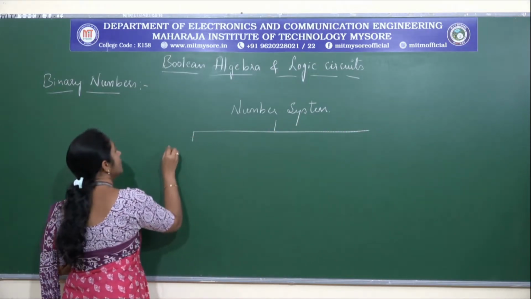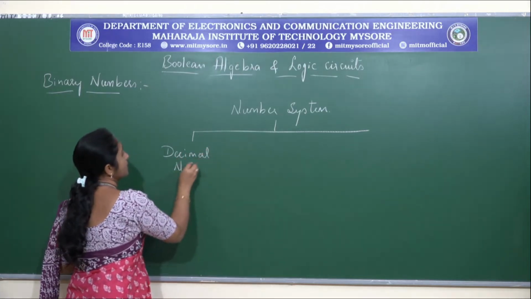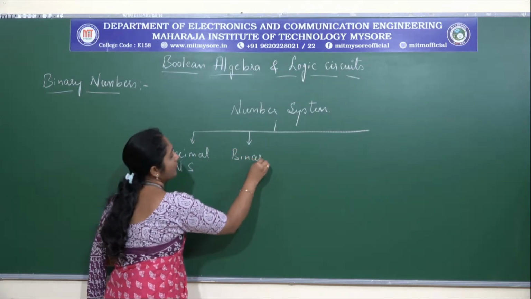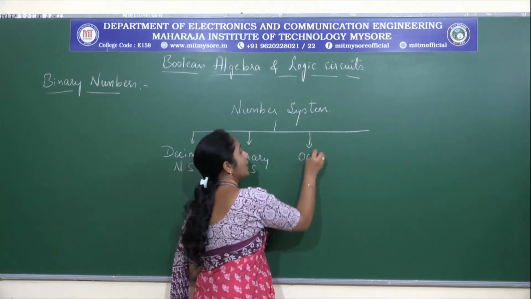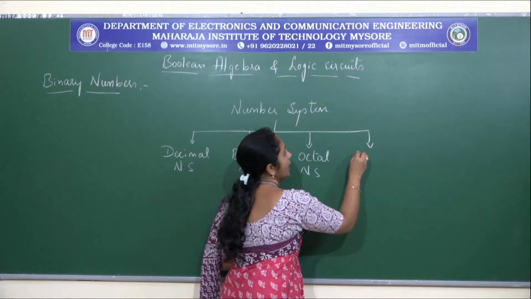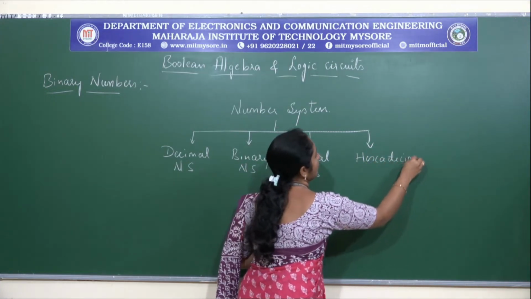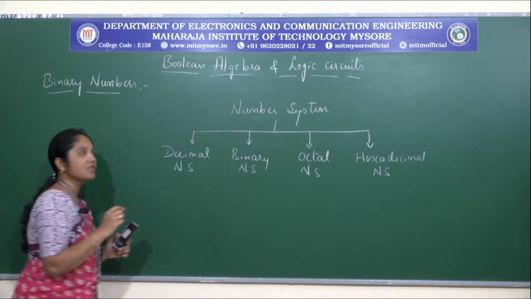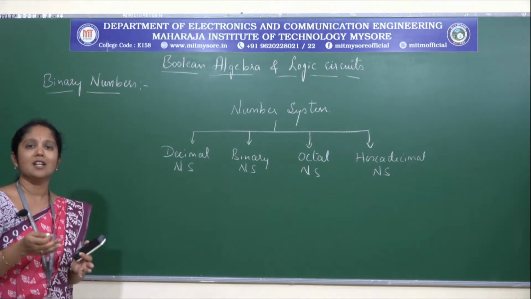In this we have the decimal number system, then we have the binary number system, next we have the octal number system, and then at last we have the hexadecimal number system. These are the 4 number systems we usually use in digital logic or digital language.